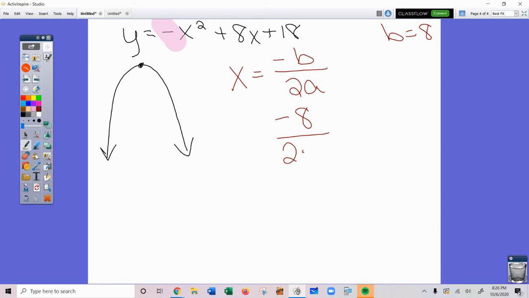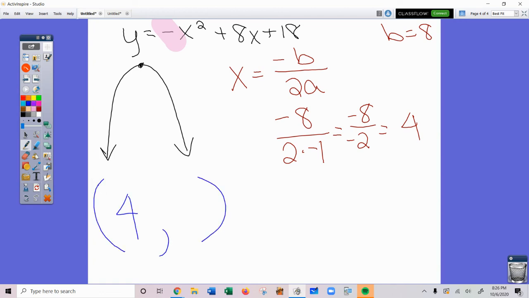A is negative 1. So we'll have negative 8 over 2 times negative 1, which is negative 8 over negative 2, so our x value on this problem is 4. So for our vertex, our ordered pair of x comma y, our x value is going to be 4.